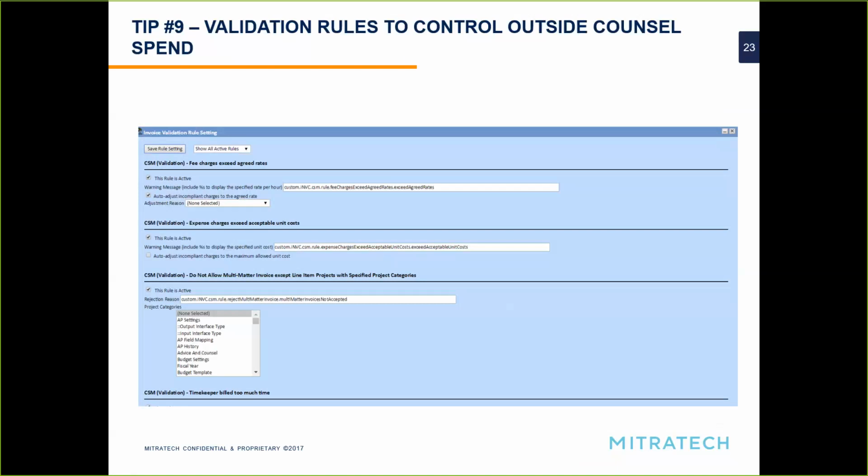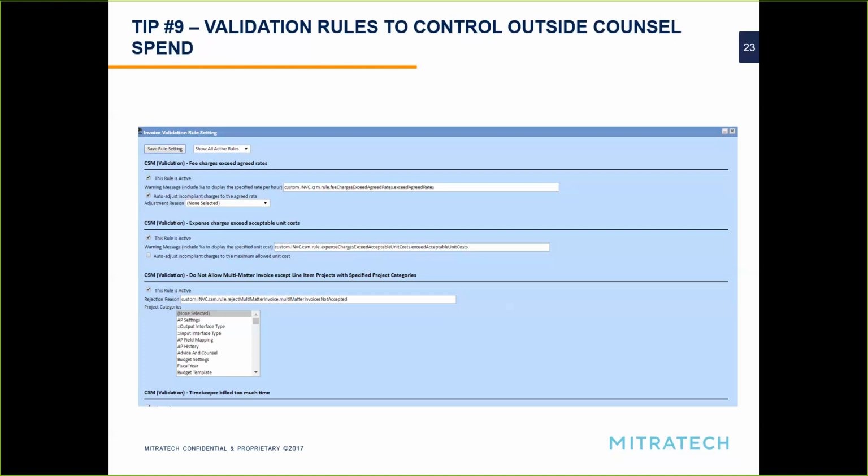The next tip is from our webinar on controlling outside counsel spend. And one of the really nice ways to help with your invoice review process and thus controlling outside counsel is the use of validation rules on the invoices. These are found in setup, and we'll go into TeamConnect in a moment and look at these in a little more detail.